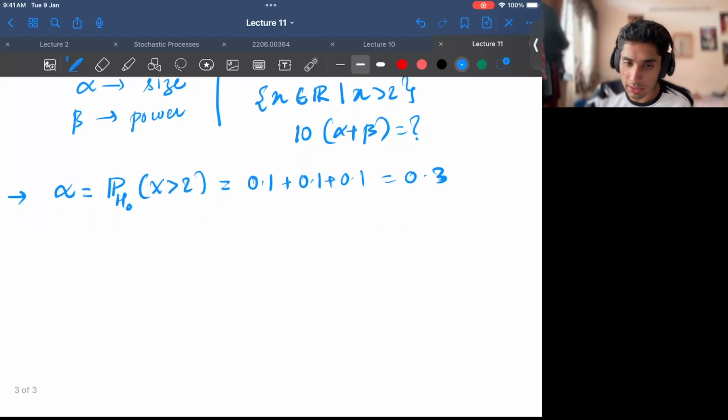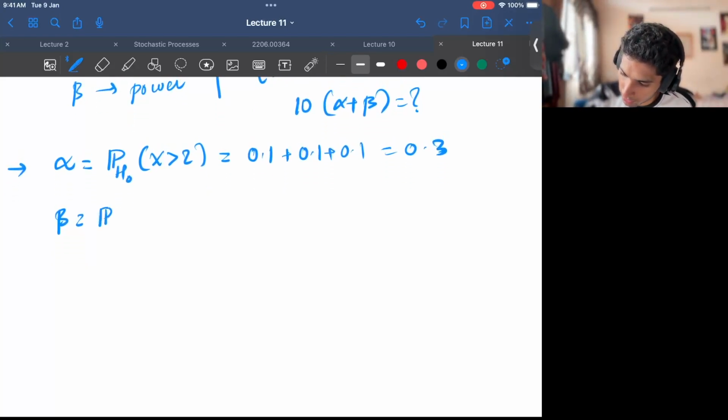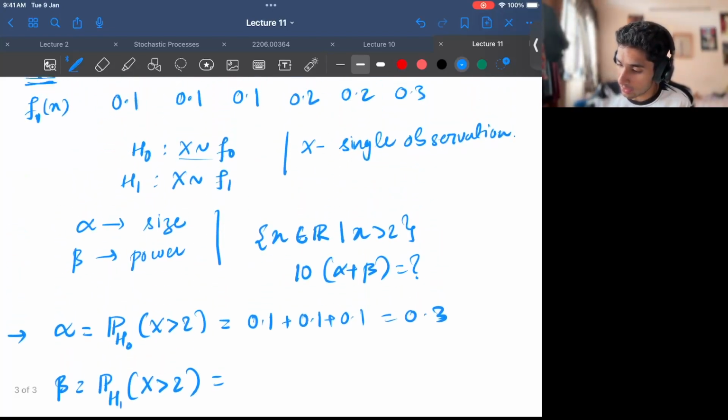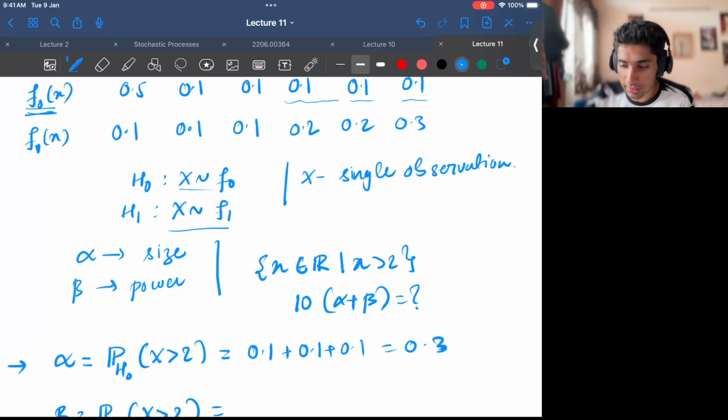Similarly, what is beta? Beta is basically the probability of rejecting the null hypothesis under the alternate hypothesis. When will you reject the null hypothesis? When x is greater than 2. However, this time the probability is under the alternative hypothesis. Under H1, x is coming from F1.